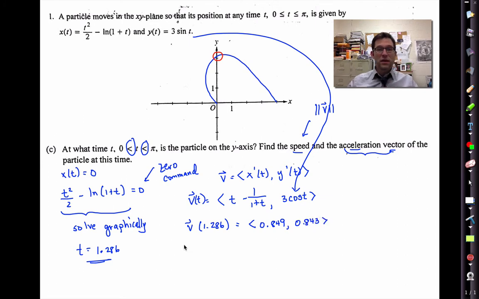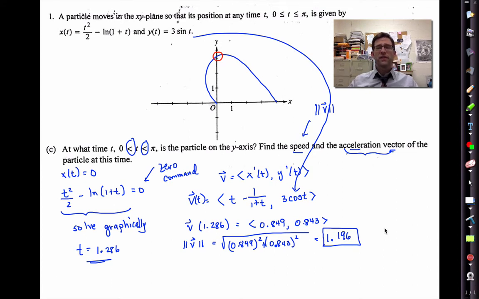Now, of course, the speed, which is what they actually asked me for, is its absolute value. As a reminder, we would get that by squaring 0.849, squaring 0.843, and taking the square root, a really unremarkable answer of 1.196.